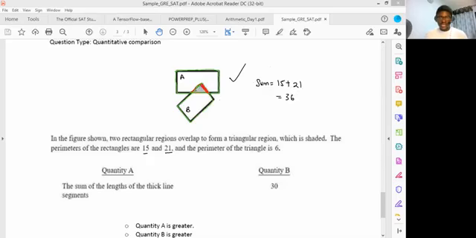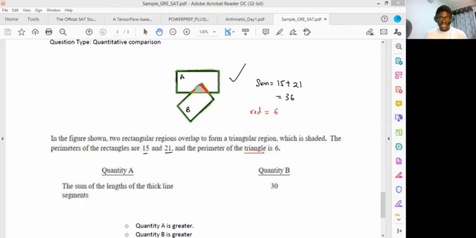All right, and everything in red, so the red boundaries, or the figure bounded with the red lines, has a perimeter of 6, which is a triangle, right? Now we're required to compare the sum of the lengths of the thick line segments. All right.